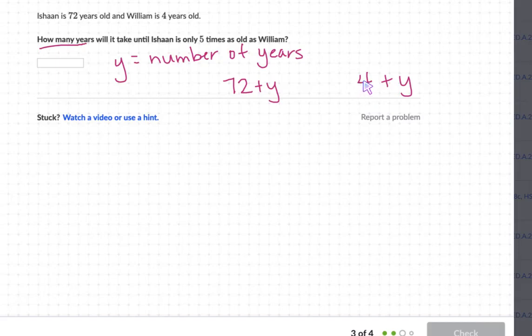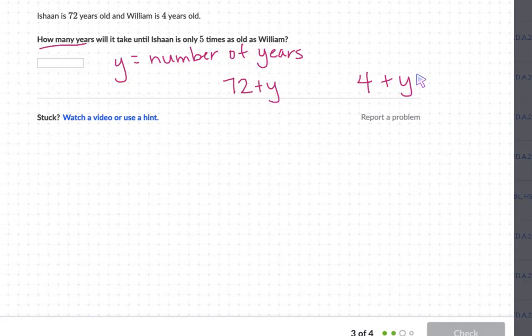So in a mysterious amount of years, Ishan will be 72 years old plus y, the number of years that will have passed in addition to right now, and William will be 4 plus y. Again, we don't know what that y is. We don't know how many years we're talking about. And in y years in the future, Ishan is going to be 5 times as old as William.